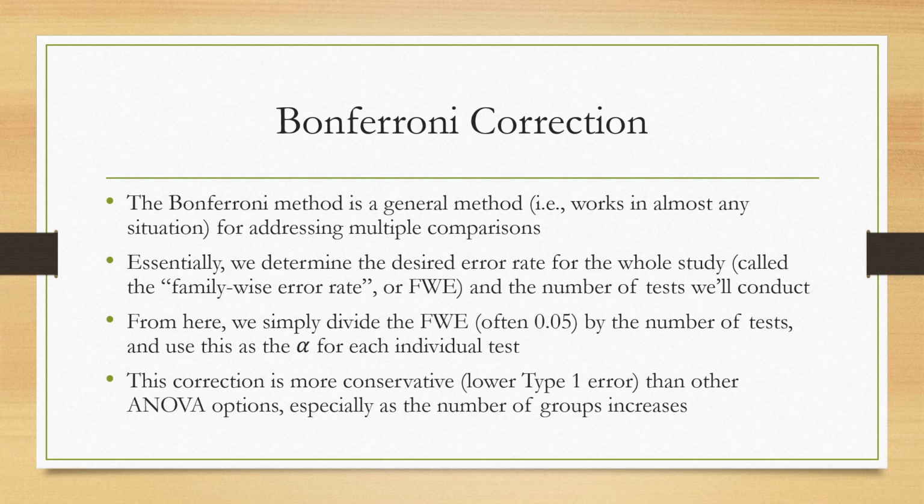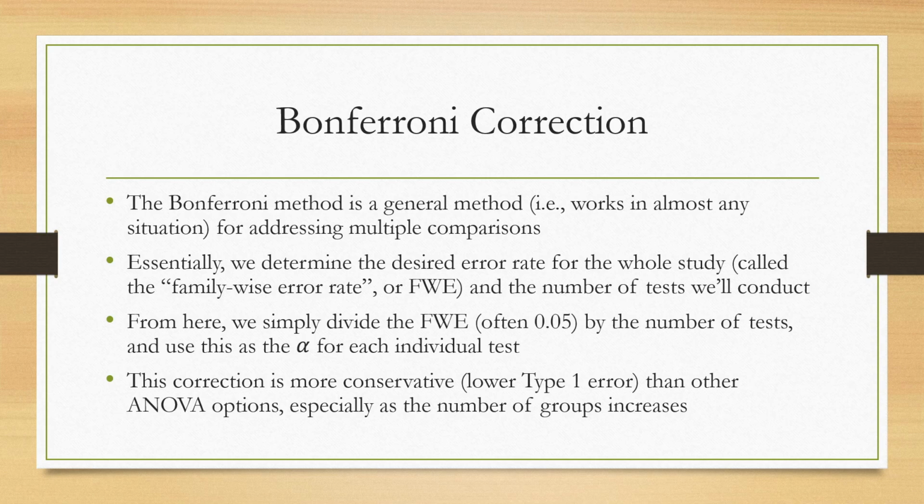Now, incidentally, it's that complicated math that makes this not the perfect solution for everything. This is a pretty good approximation when the number of groups is relatively small, though it might be a little conservative, a little bit of a lower type 1 error rate. But as the number of groups increases, this becomes almost painfully conservative.